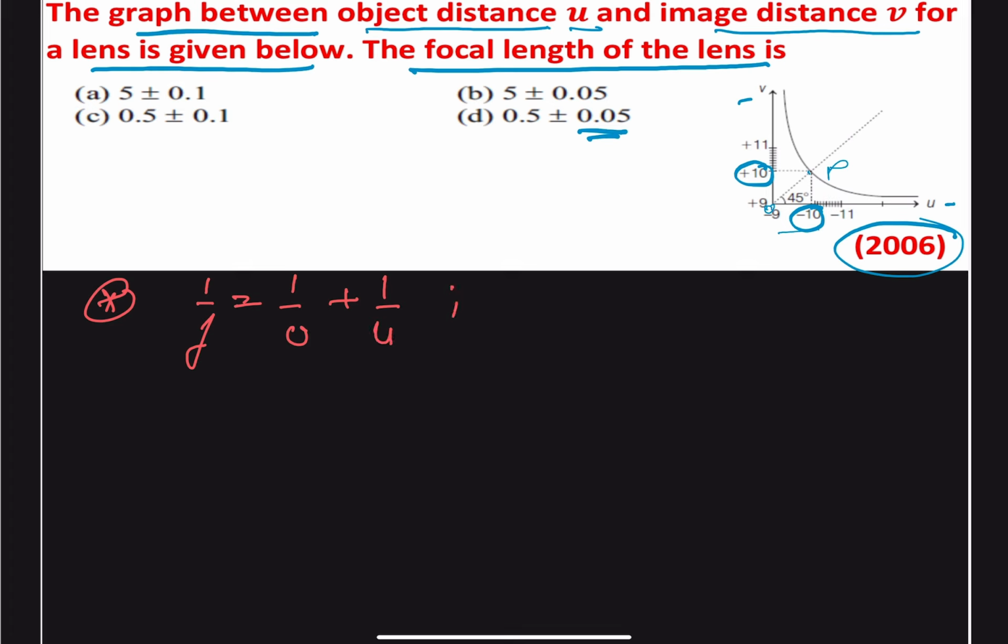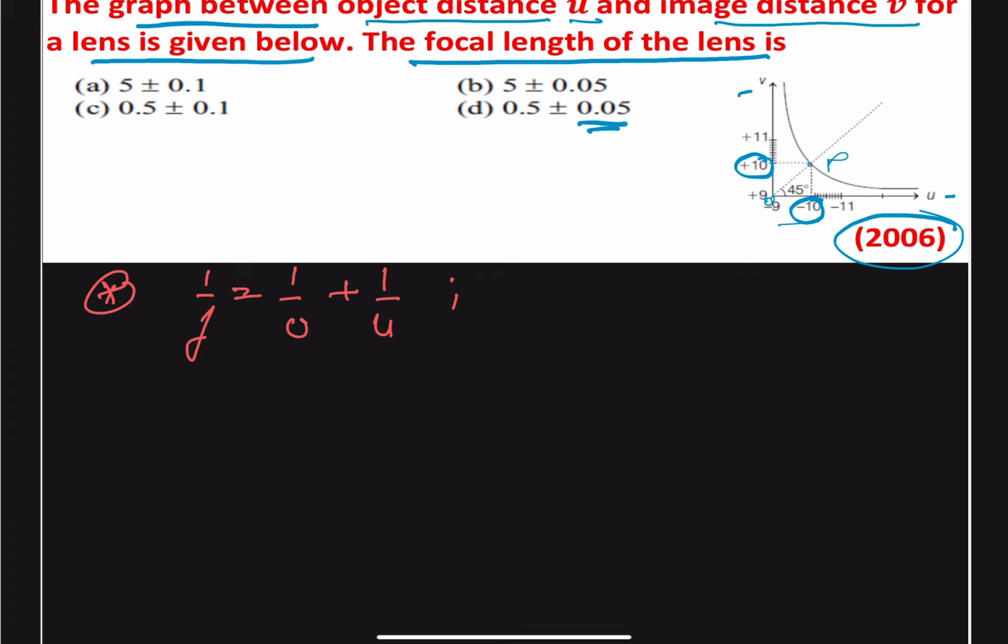Therefore we substitute the values and we get 1 upon f is equal to 1 upon 10 minus of minus 10, and this gives us 2 upon 10. So we get that our focal length f is equal to 5.